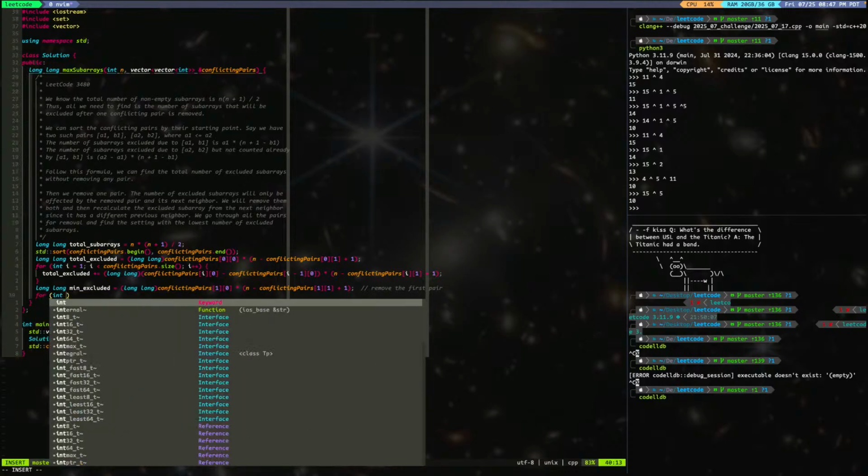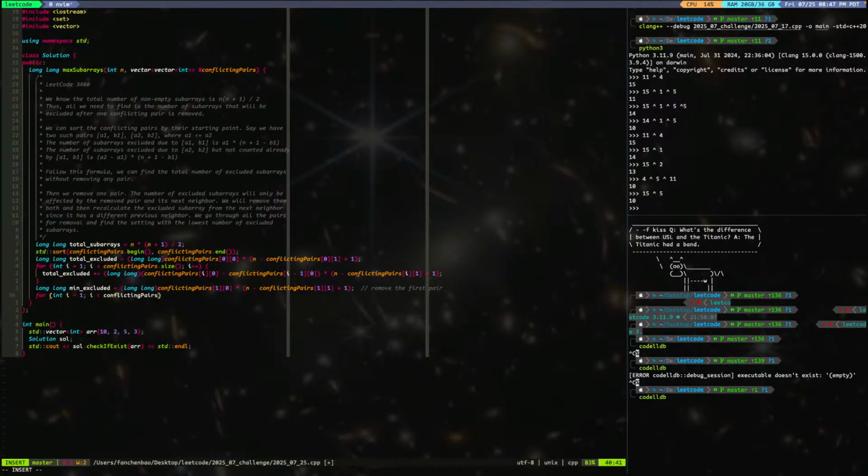And then for int i, smaller than conflicting pairs dot size, i plus plus, I can remove every single one, right? So we say long long current excluded.